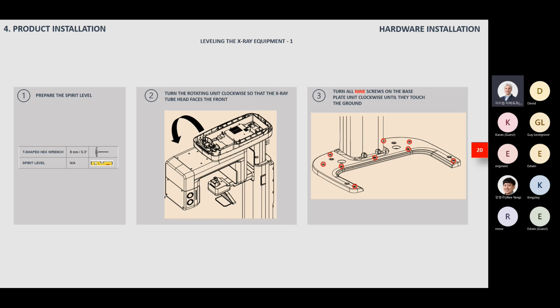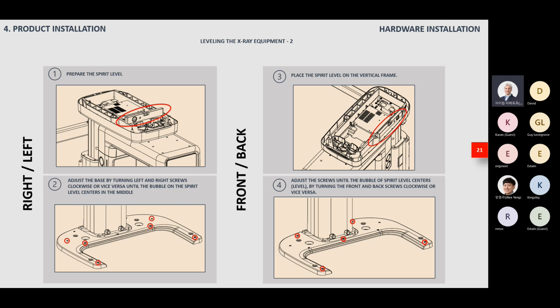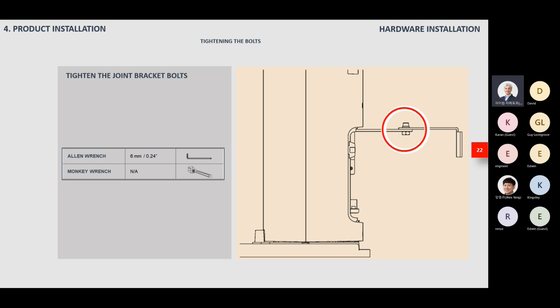And also there are 9 screws on the base, so you can level it and attach it to the basement. Then, as you know, when you're done with the basement, you always have to level the device, and also you have to tighten the joint bracket bolts when you're done with the adjustments.